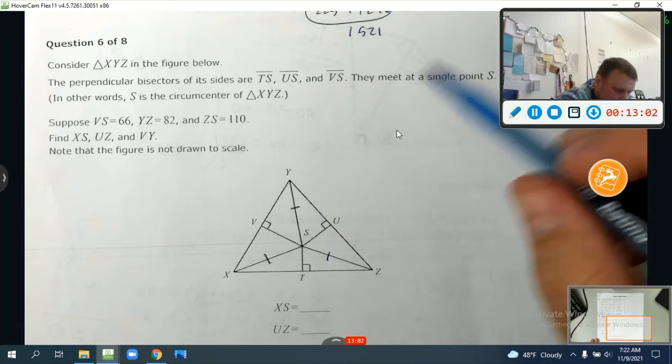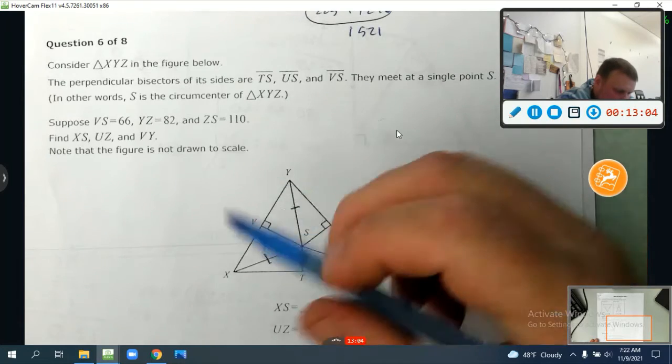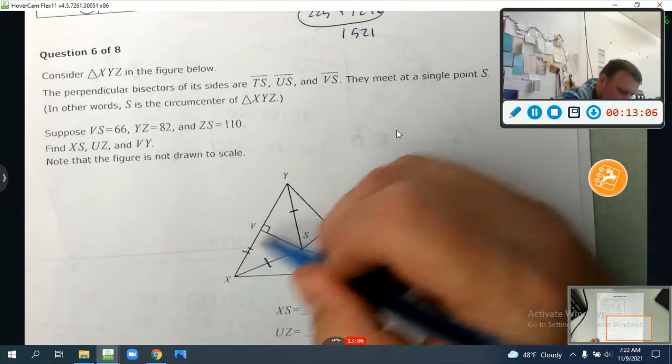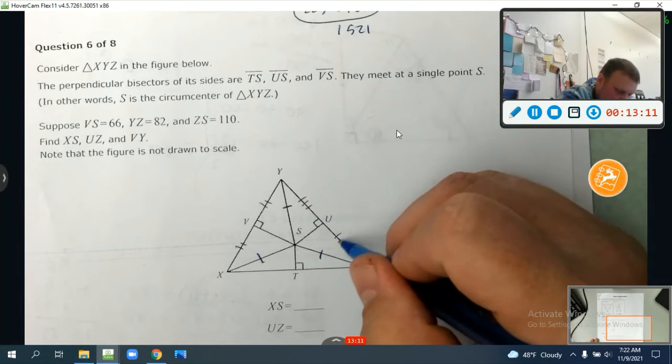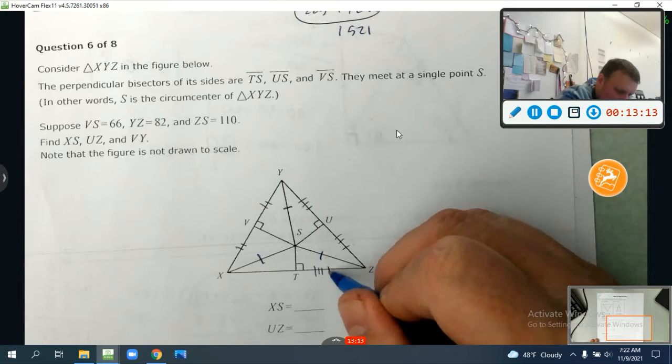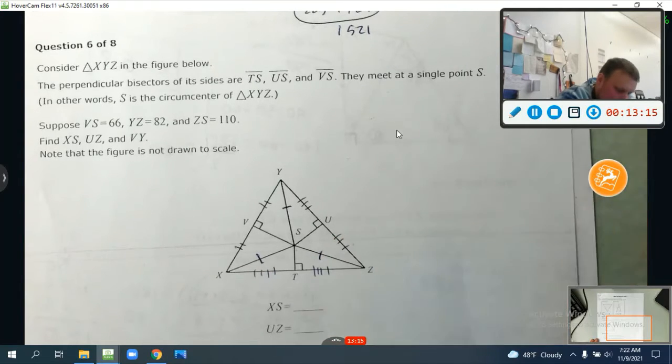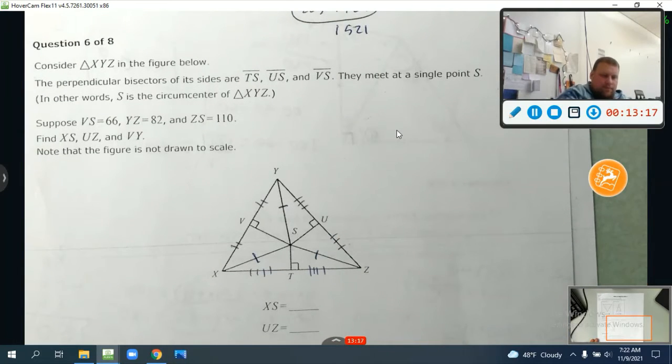And if they're perpendicular bisectors, I know that, right? 1, 2, 3, 4. Some good stuff right there.